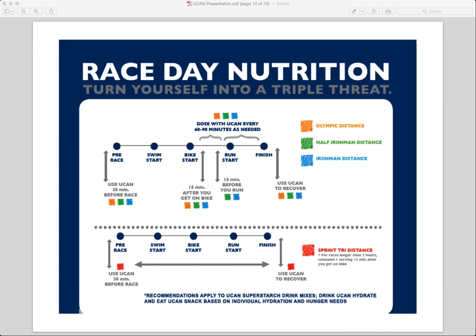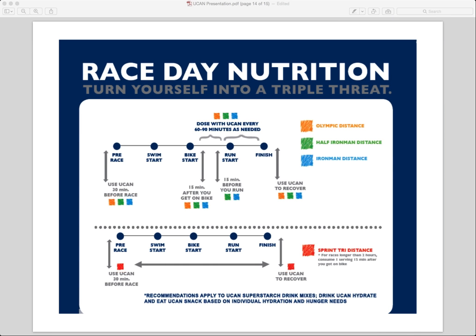So that's the approach that a lot of triathletes have found successful with UCAN, is to really concentrate whatever nutrition they need for the duration of the bike into one bottle. And then, at set intervals, having whatever portion, whether it's a third of that bottle or a quarter of that bottle, over a relatively short period of time.